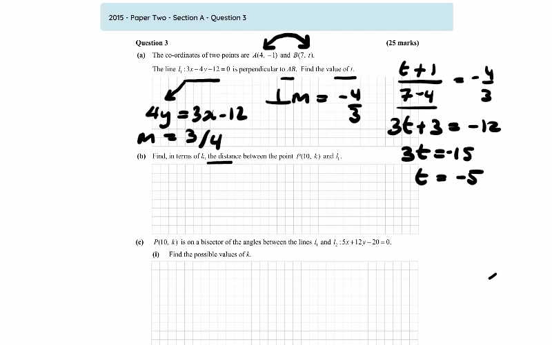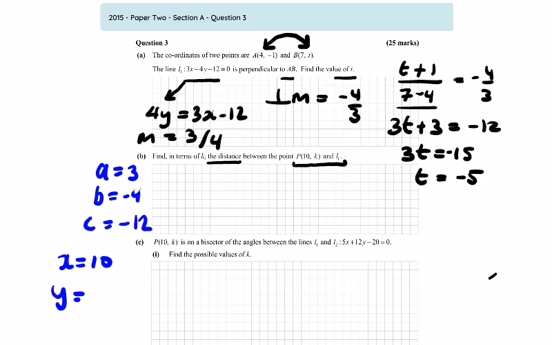In part 2, we're asked to find the distance, so they mean perpendicular distance in terms of k between (10, k) and L1. It doesn't state, it says distance, so I presume perpendicular distance. A is equal to 3 on L1, B is equal to minus 4, C is equal to minus 12, and we have x is equal to 10 and y is equal to k.